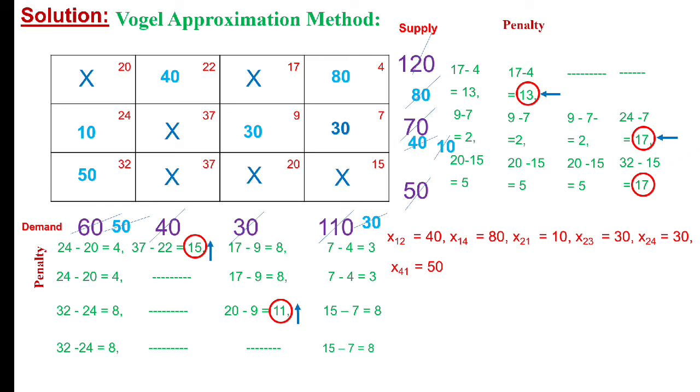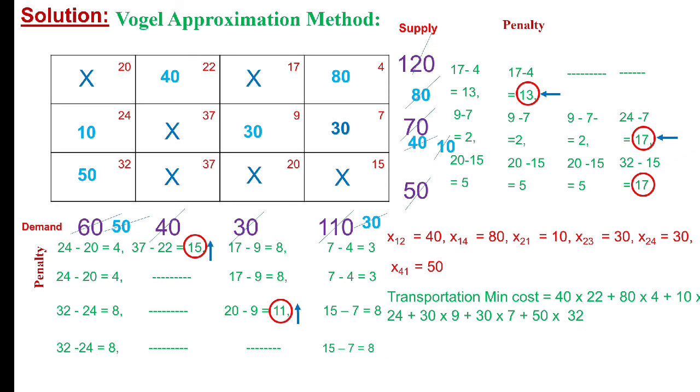All multiplied: 880 plus 320 plus 240 plus 270 plus 210 plus 1600. We'll get the minimum cost as 3520.